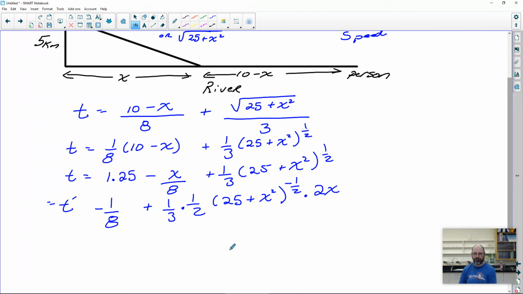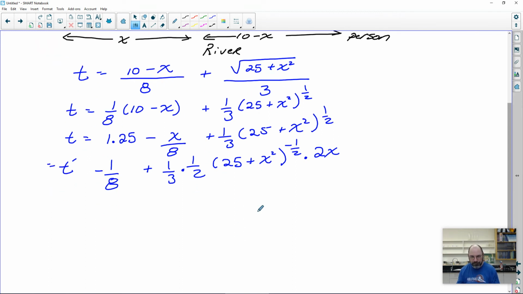Okay, so let's simplify a little bit. This is 0, and this is an equal here. So 0 equals negative 1/8 plus, okay, 2 times 1/2 is 1. So it's going to be x over 3, right?